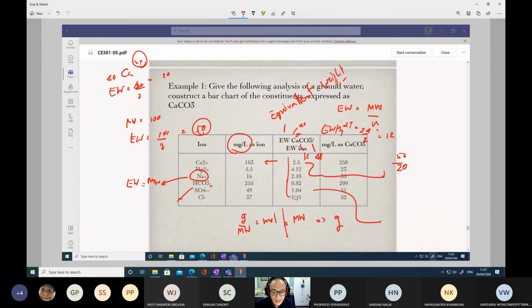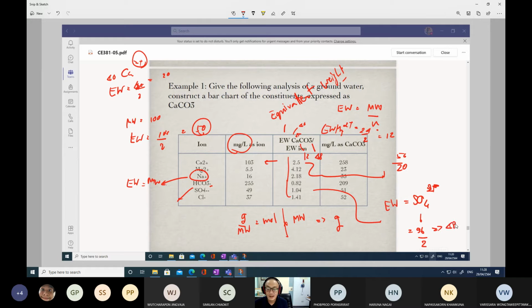For example, sulfate. What is the equivalent weight of sulfate? This one is 64 plus 32 sulfur, so it becomes 96. Equivalent weight is 96 divided by 2.